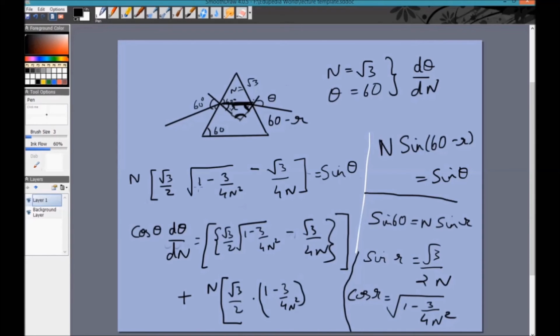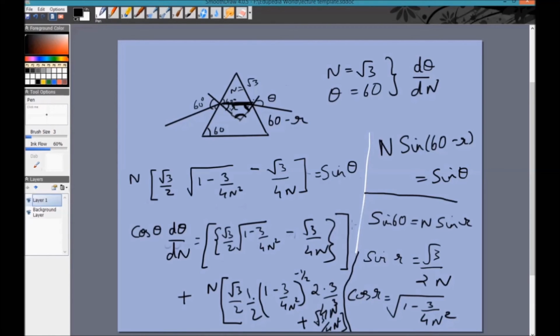So this is to the power half, so half into this to the power minus 1 by 2 into, now the derivative of this, so this is n to the power minus 2, so we'll get minus 2 times n to the power minus 3, minus minus will cancel, so we'll get 2 times 3 by 4n cube, plus the derivative of the second term will be, this is minus 1, so root 3 by 4n square.